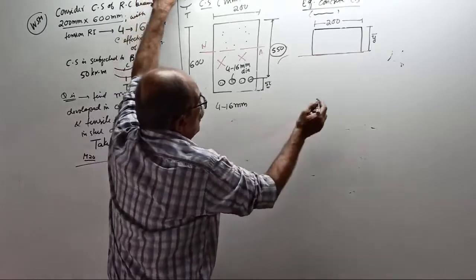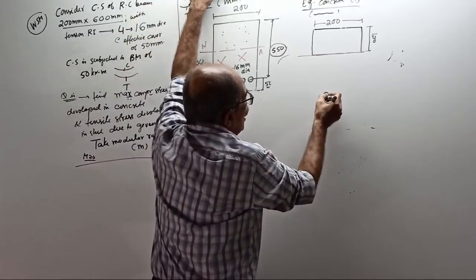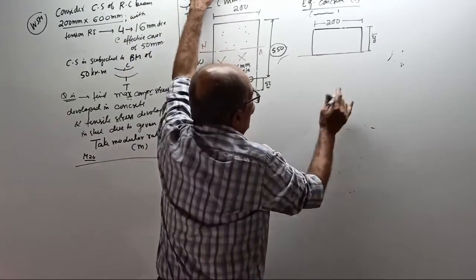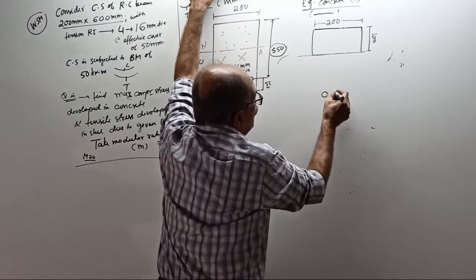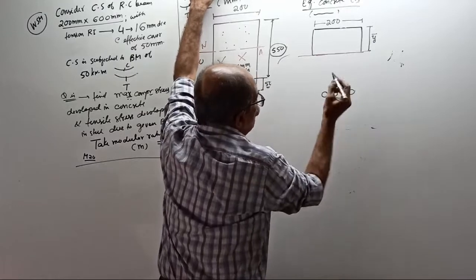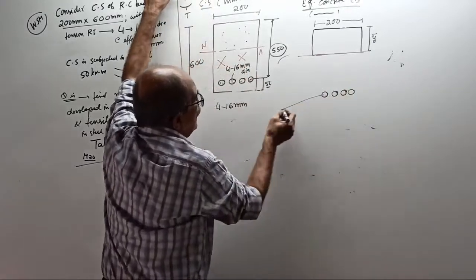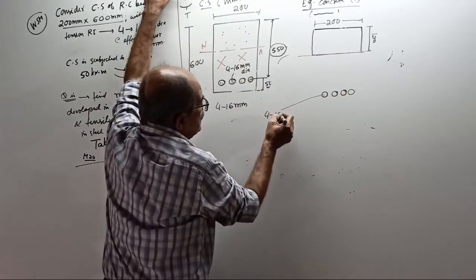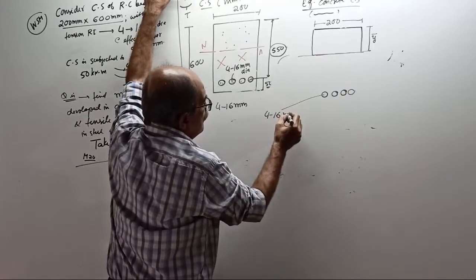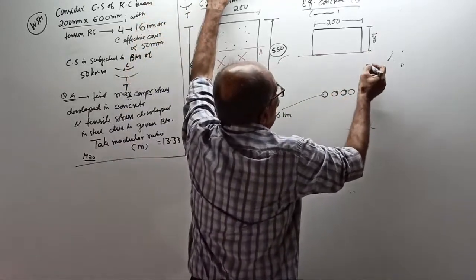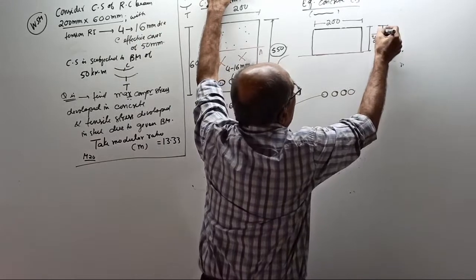I will put bars of steel here: 1, 2, 3, 4. This is 4 bars of 16 mm diameter. Tell me, what is the distance from here up to here?